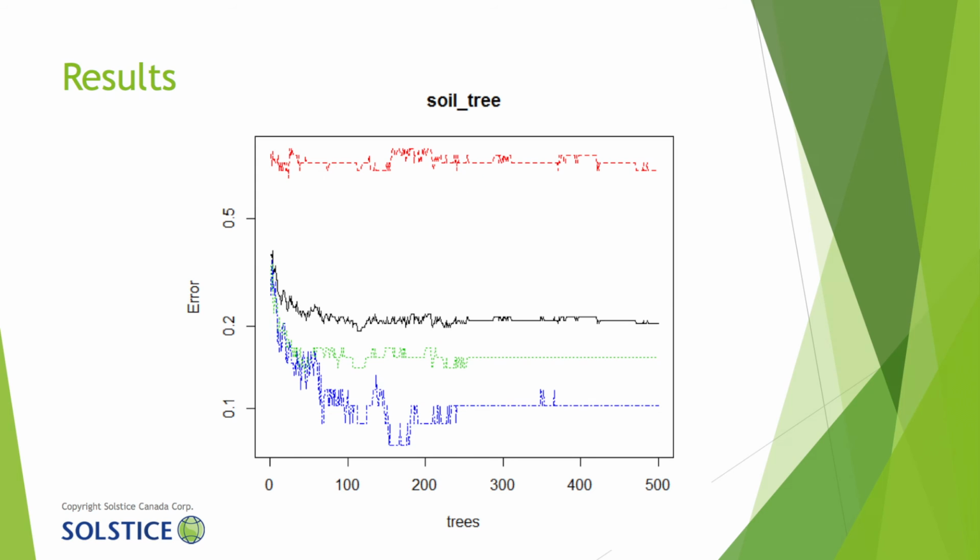The other question we have is how many trees we want to run. You're basically looking for these graphs to start flatlining, and that lets you know you've run enough trees. The reason that's important is that if you think about an image, we have 7 million cells in our example, and every single cell needs to get classified 500 times if we have 500 trees.